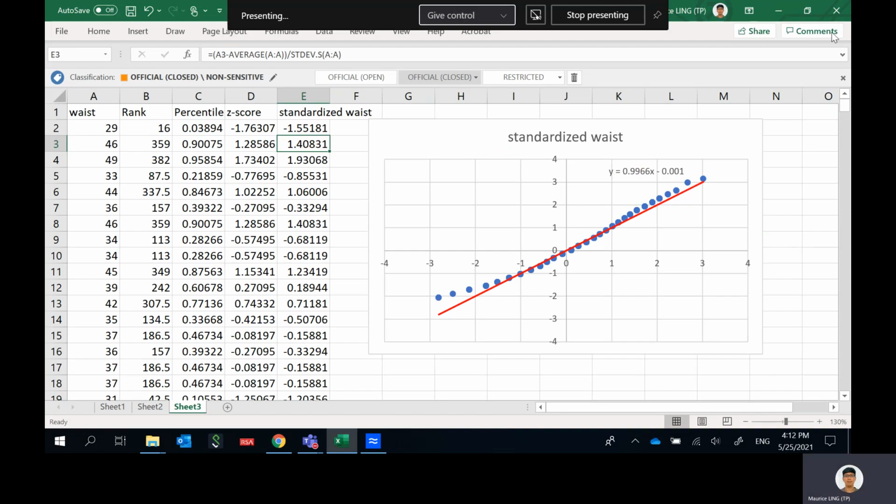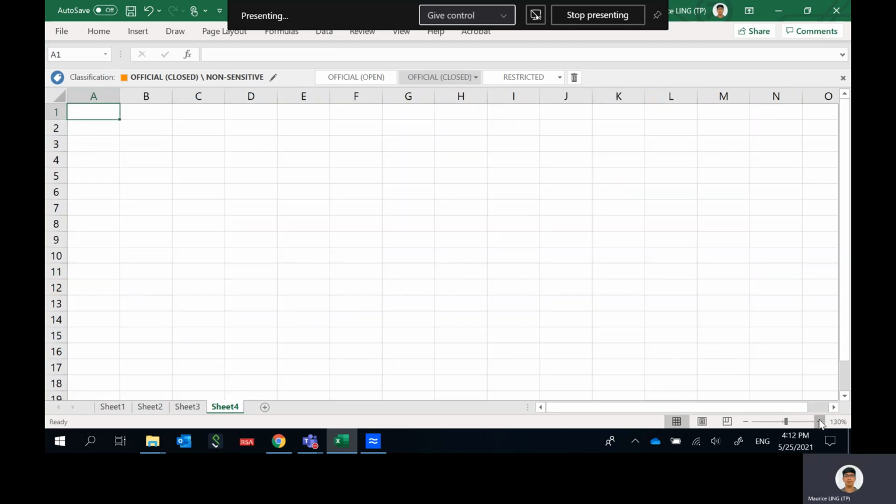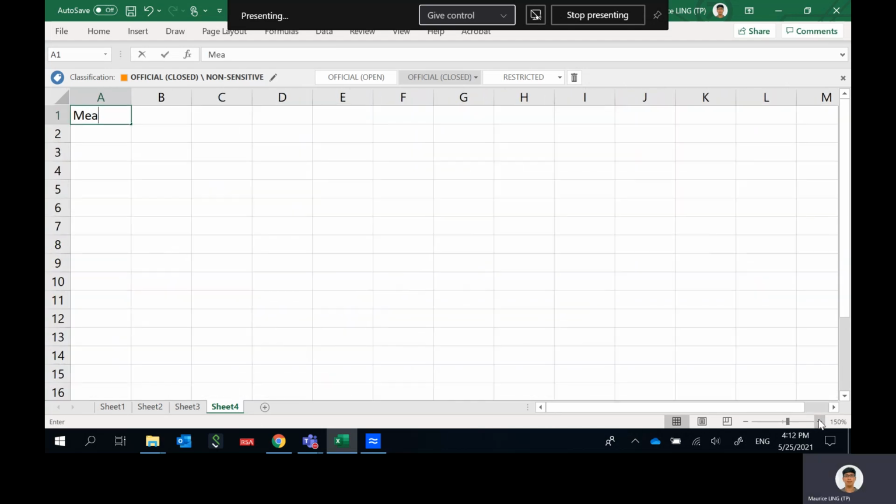All right, so let's get there. The next part is assuming that we have this problem, back to the height again. The mean height, or the mean length, is 150 cm.